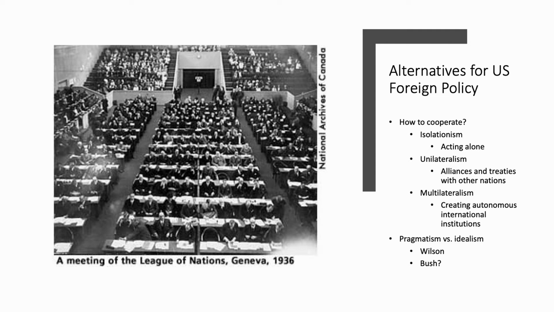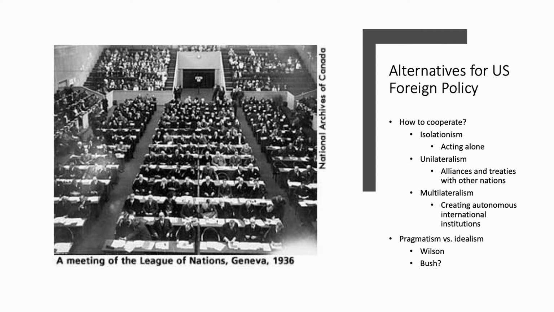And related to that is a kind of pragmatism versus idealism. In other words, some presidents are very pragmatic. They simply want to accomplish something. And I mentioned President Woodrow Wilson was an idealist in foreign policy. He wanted to create international organizations that would prevent war and this sort of thing.